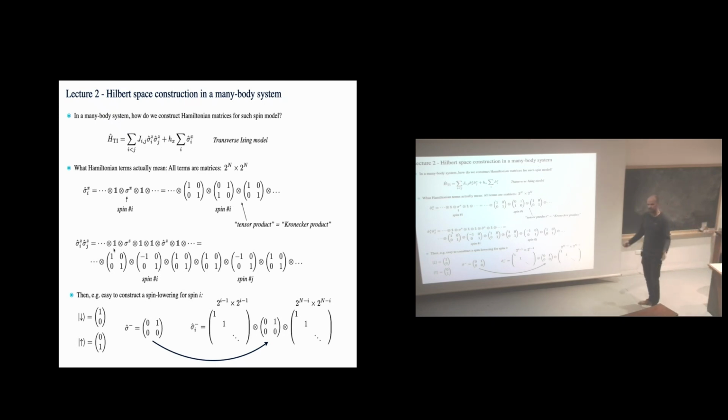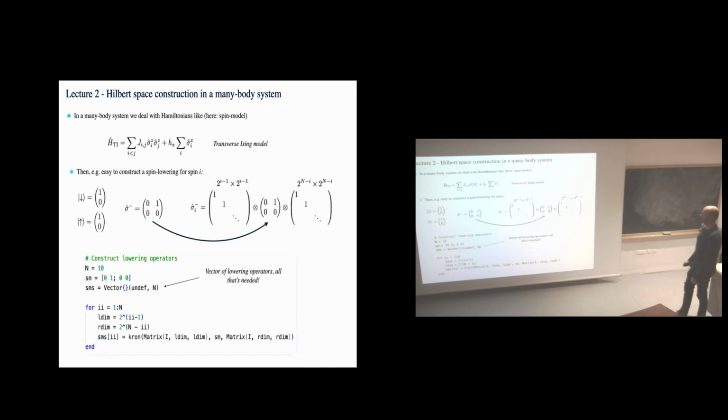The way this operator looks on the big 2^n by 2^n Hilbert space is that you have an identity matrix, which is 2^(i-1) dimensional, on the left side. Then you do a Kronecker product with this lowering operator, and then a 2^(n-i) dimensional identity operator on the other side. And this is going to give you the 2^n by 2^n matrix of this operator.